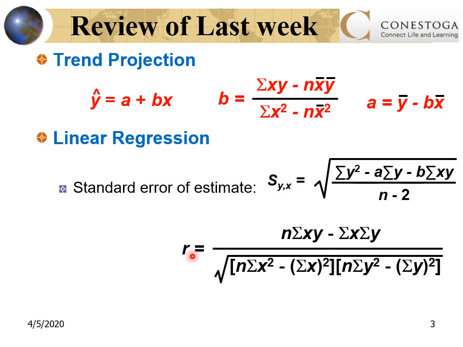If R squared is less than 0.6, you need to be careful while using that equation for making your predictions. I'll be solving two questions using these two concepts in our Zoom meeting.